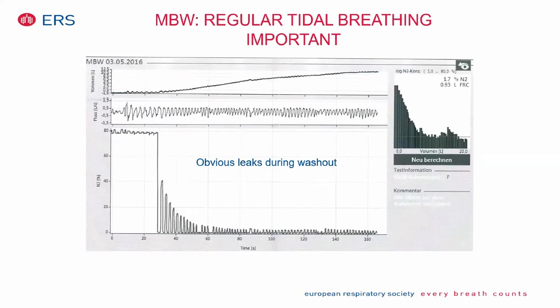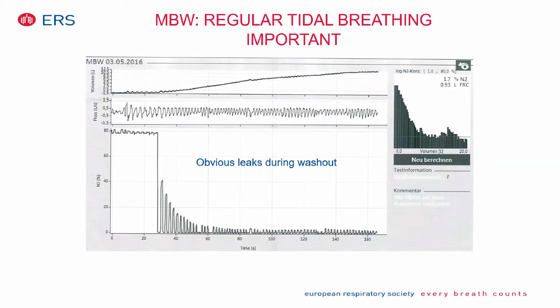It is very important to have a very regular tidal breathing, and the most common pitfall during this measurement is that you have a leak, because the subject will not close the lips tightly around the mouthpiece.